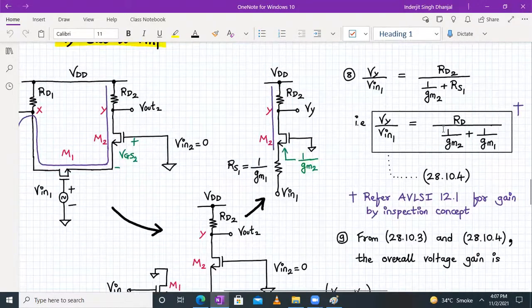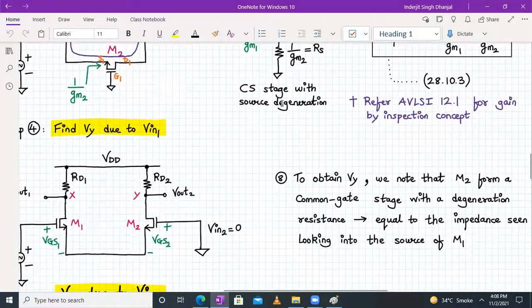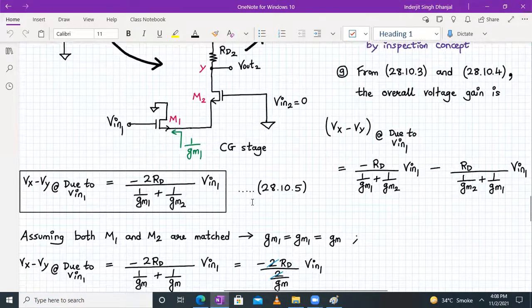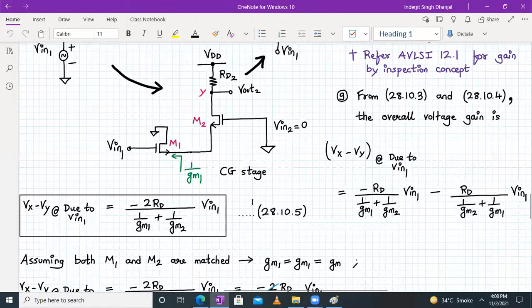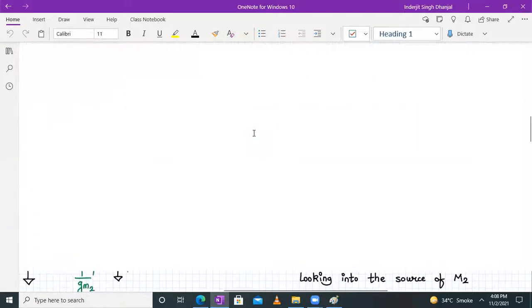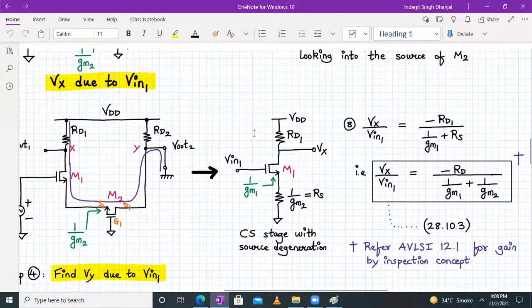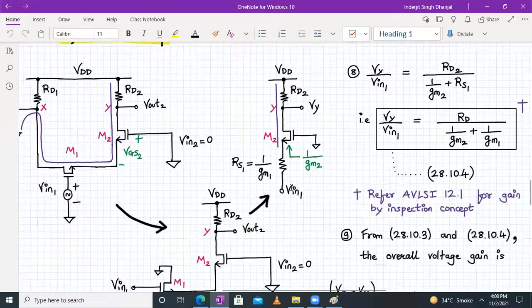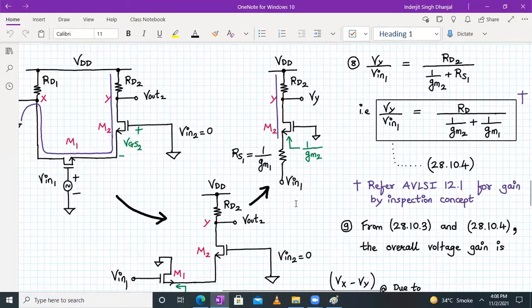When we subtract Vx minus Vy, this term will be minus only. On one side we have minus RD divided by 1 upon gm1 plus 1 upon gm2. Vx upon Vin1 will be minus RD divided by this denominator, and Vy will be RD divided by this denominator.